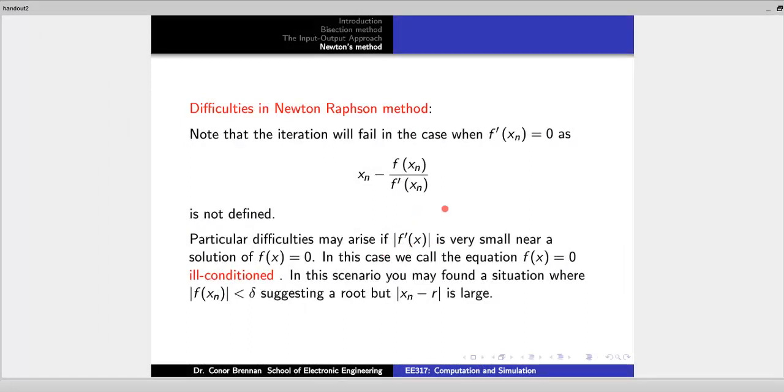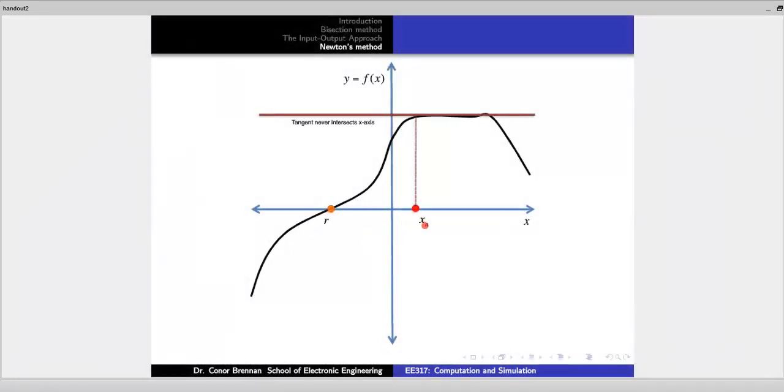If f dash x is very small or 0 at xn, we have a problem. Okay, and the problem is this. Here is xn. We have a function that looks like this. F dash xn equals 0 means that the slope of the tangent is 0, which means that the tangent is horizontal. Horizontal line has slope 0.